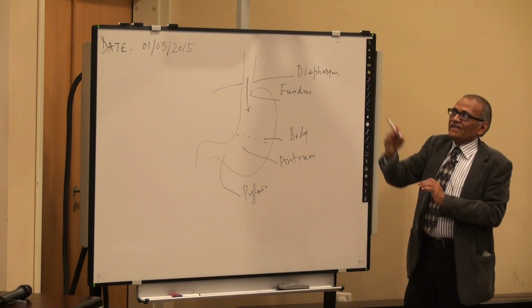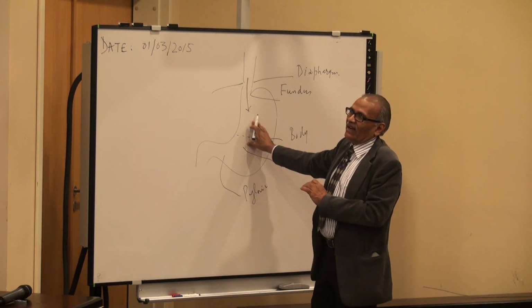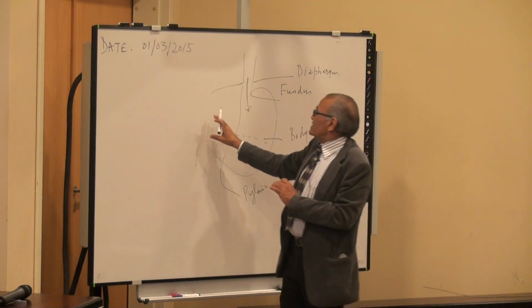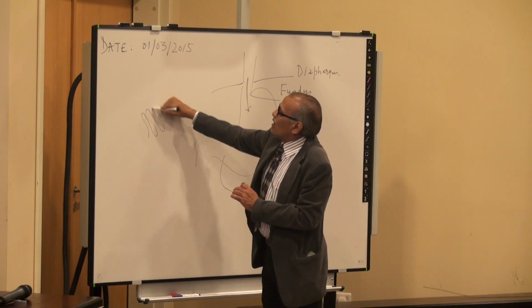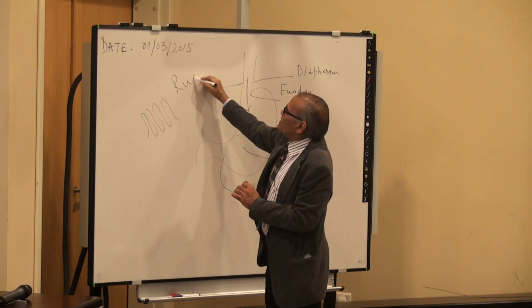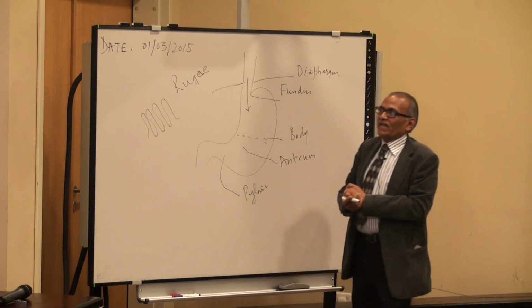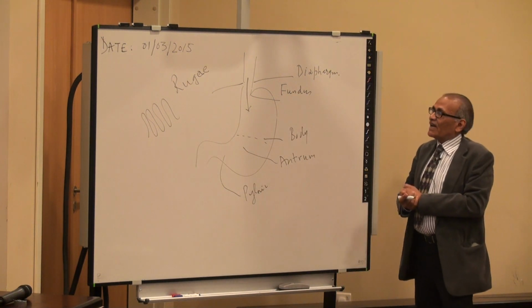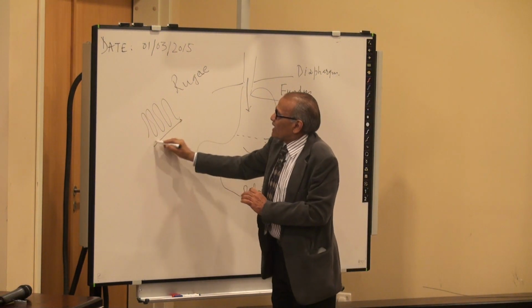If you look inside the stomach, we have a special arrangement of the mucosa, the inner lining of the stomach, and this inner mucosal lining is produced in folds, and the proper term is ruga, with plural rugae. This rugal arrangement is mainly concerned with increasing the surface area.